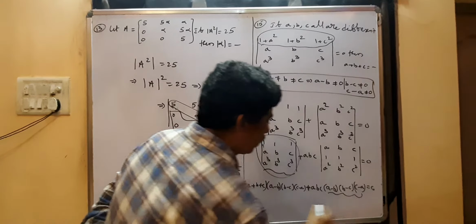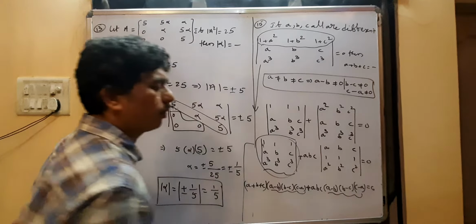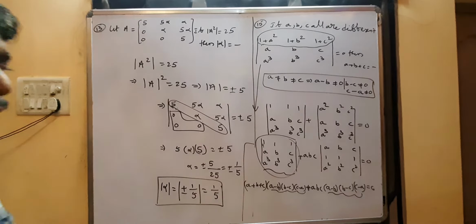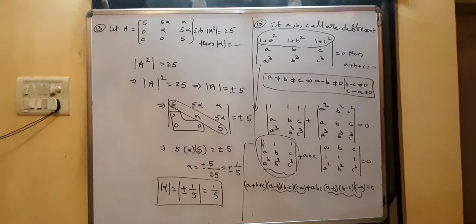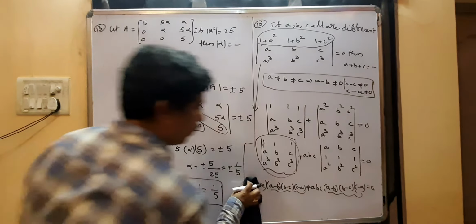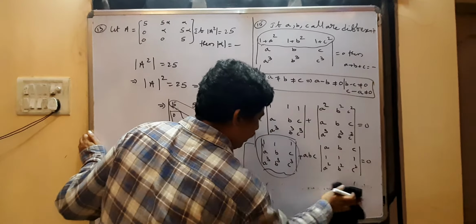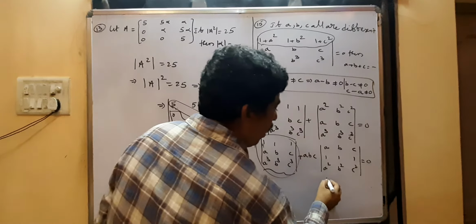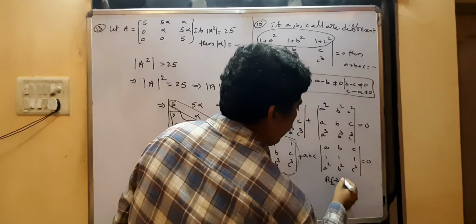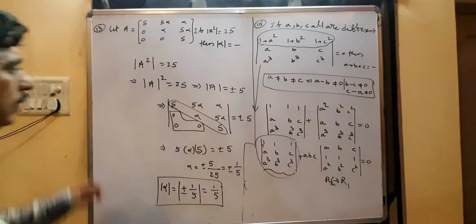In both, what is the common factor here? Interchange row and column. See this one. Directly written: interchange the second determinant, you have to interchange R2 and R1. Then plus becomes a minus.